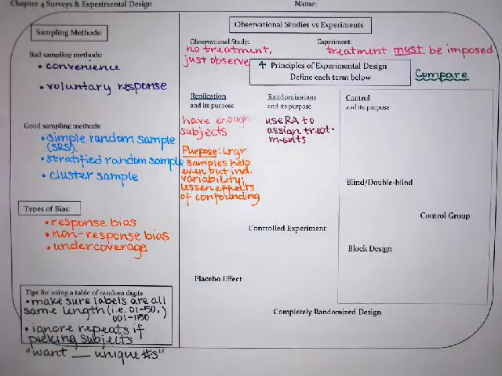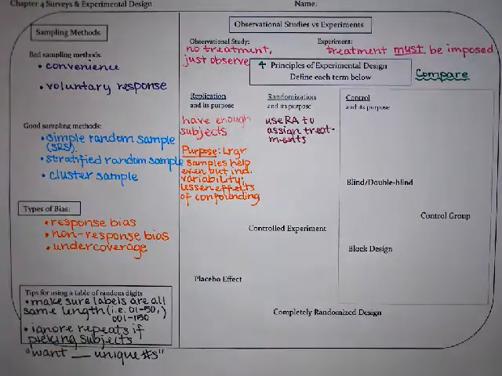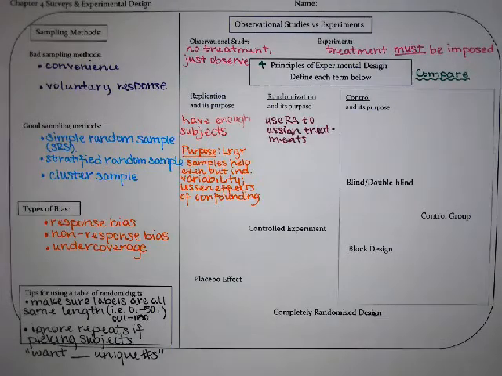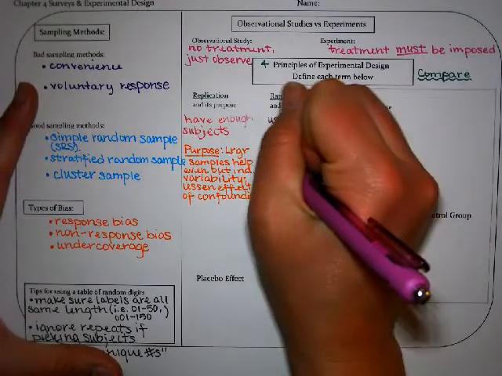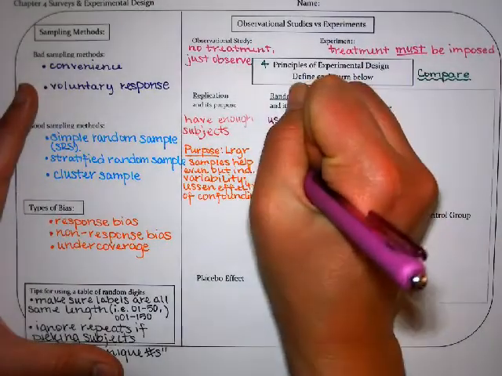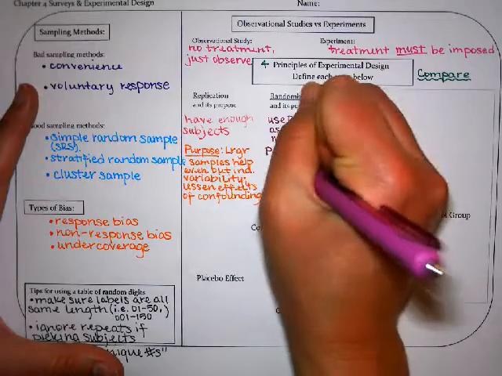And the purpose there is it makes roughly equivalent or similar groups, so it helps lessen the effects of confounding, helps lessen the presence of bias. Large sample size, random assignment, helps a lot of things in stats.